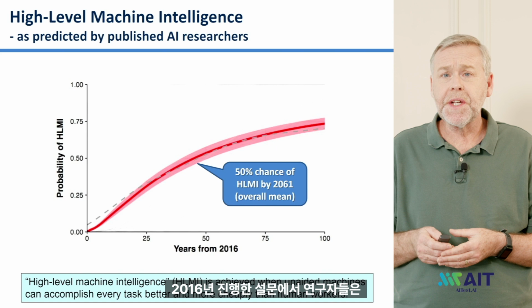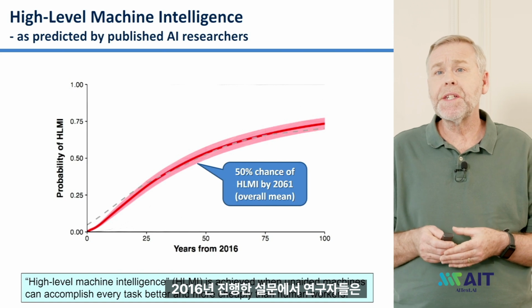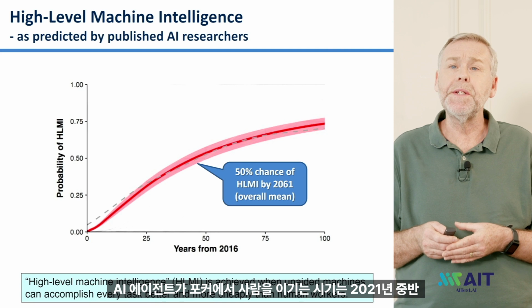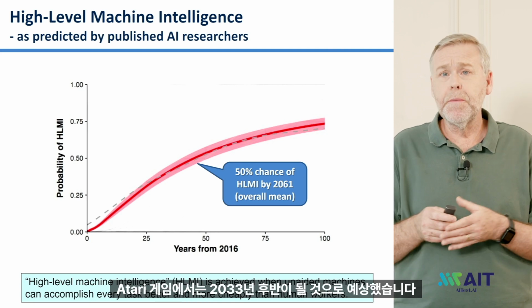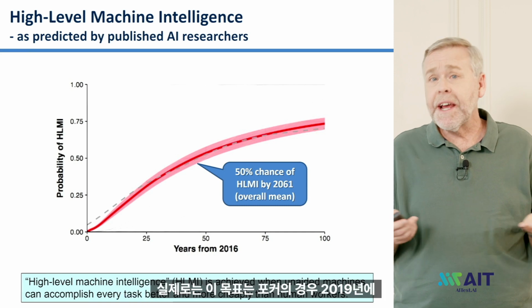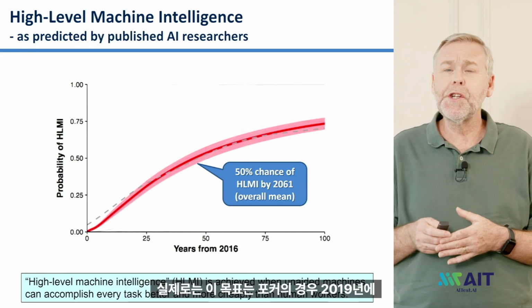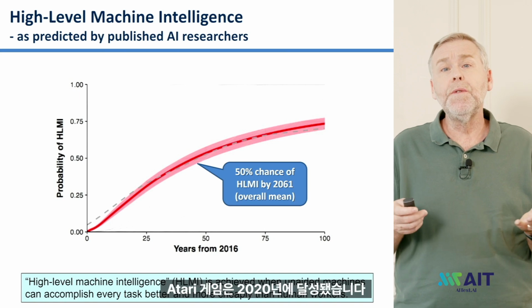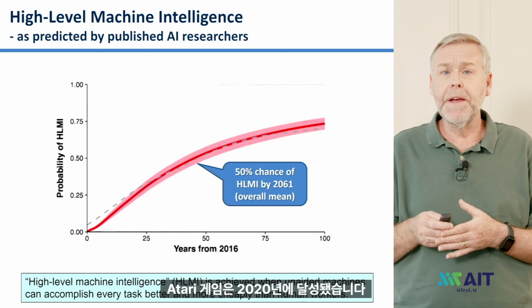In 2016, the researchers predicted an AI agent would be able to beat human poker players by mid-2021 and beat human Atari gamers by late 2033. Actually, these benchmarks were achieved in 2019 for poker players and 2020 for Atari gamers.